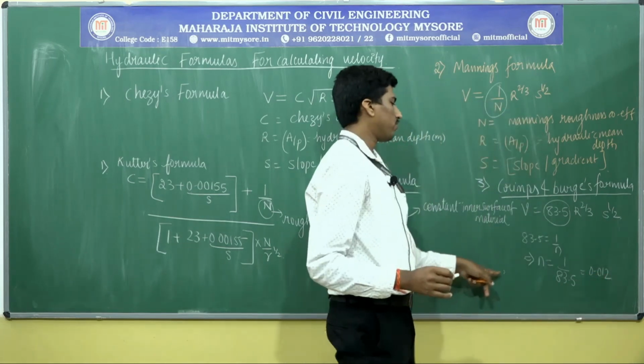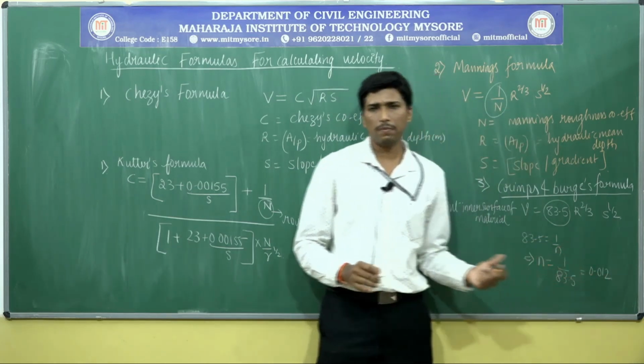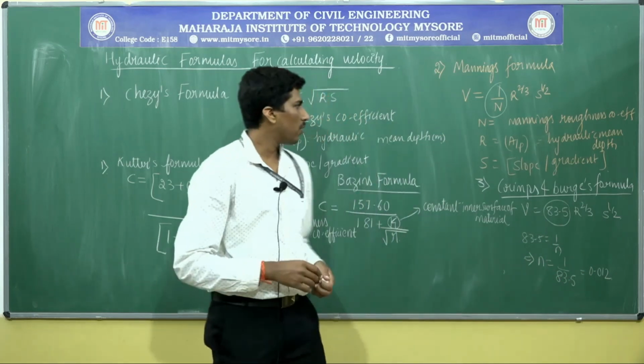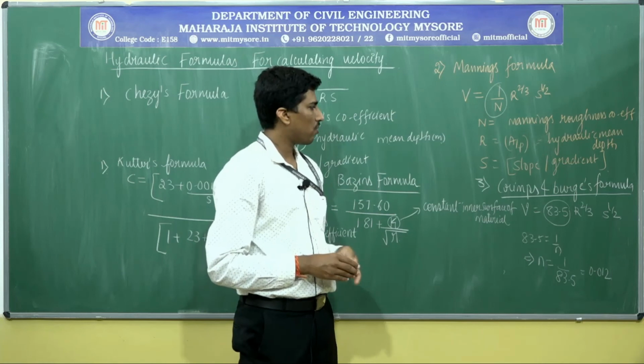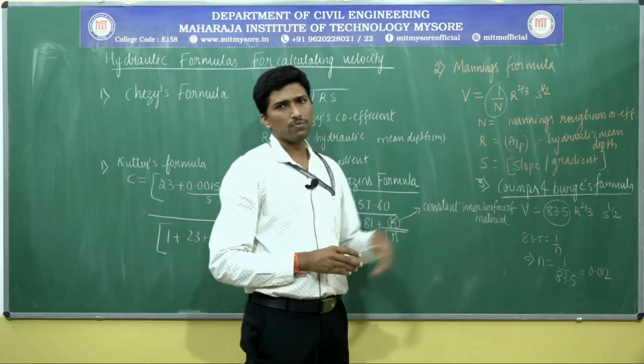So that is the factor where we have taken it as 1/n. So the modified form of the Manning's equation is also utilized in the form of the Crimp and Burge's equation.